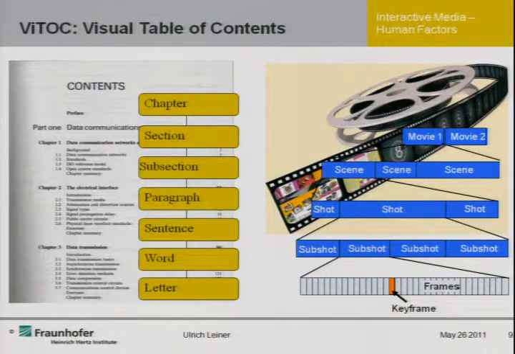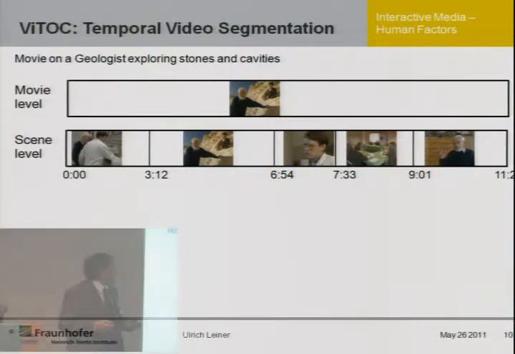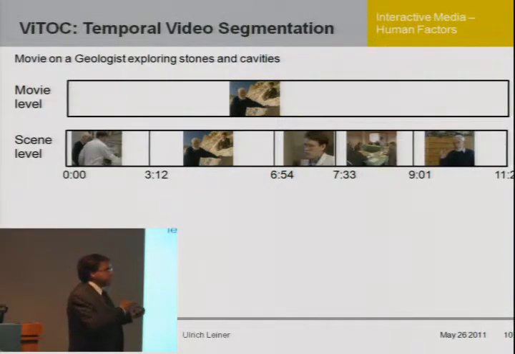You have several movies, and they split down into scenes. They go down into shots, subshots, and at the end of the day, the single keyframes you hardly would be interested in. If we find out that structure, we could give a visual table of contents for movies. It fits what we have seen: that was a test movie with a geologist out in the field, as we have seen before.